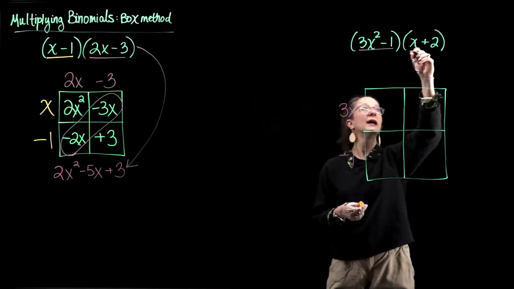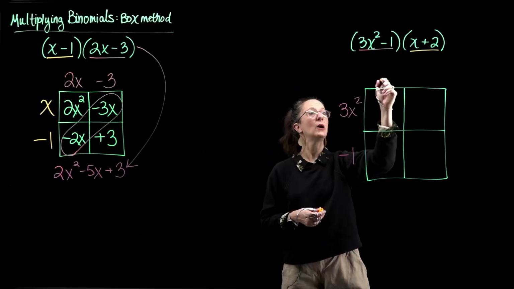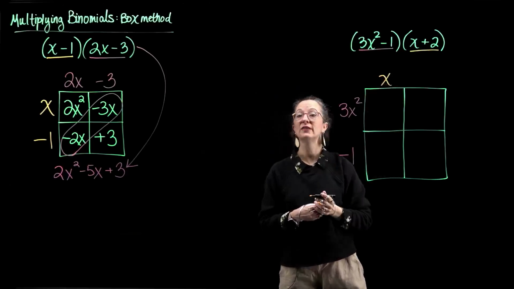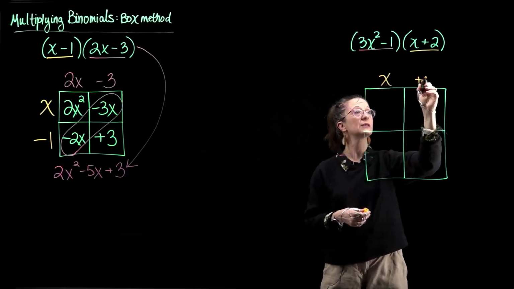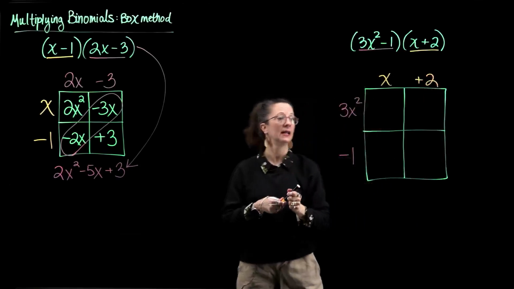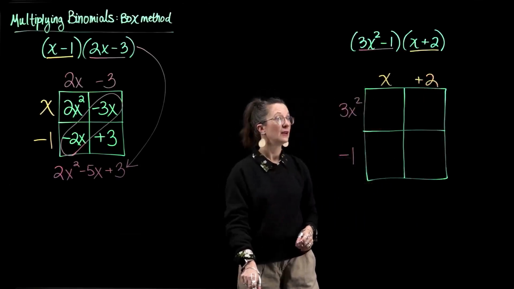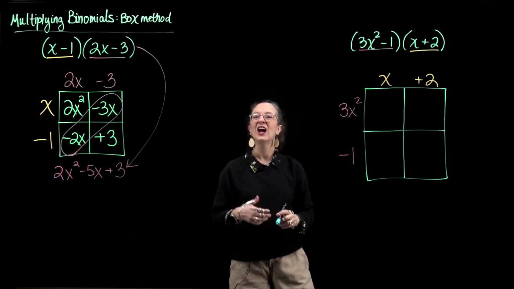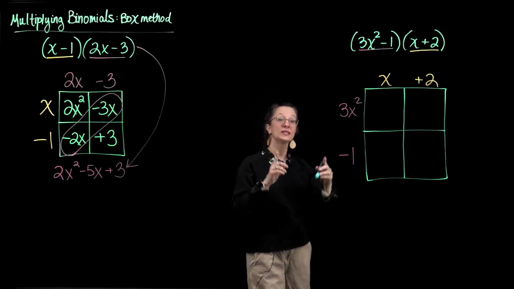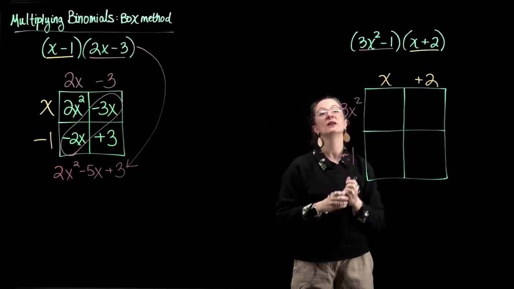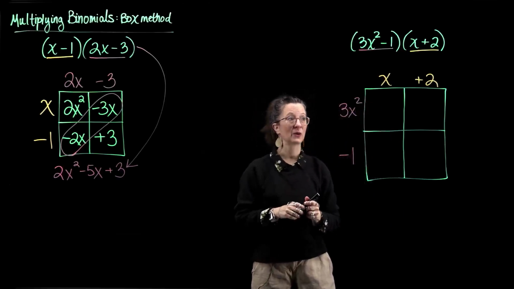Then I'm going to fill in my x plus 2. So I'll write the x above the left-hand column and plus 2 above the right-hand column. Now we want to go back in there and multiply what's on the outside to get what goes on the inside of the square.